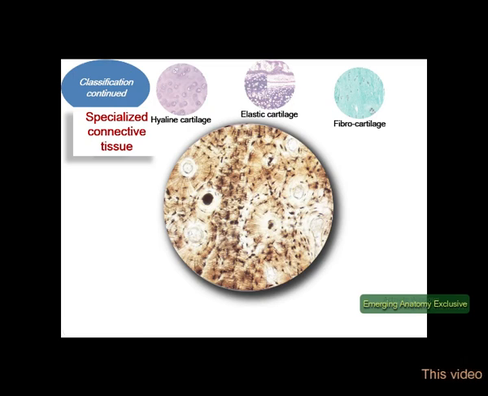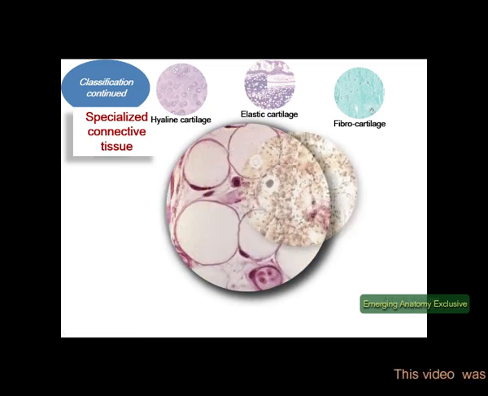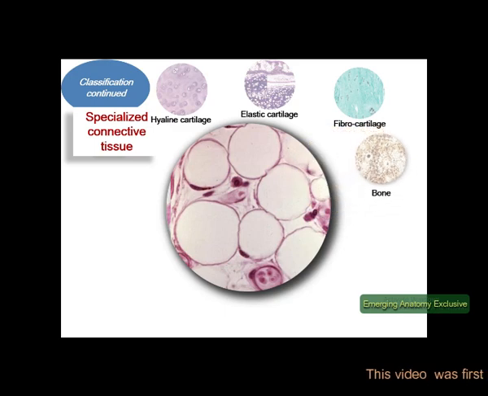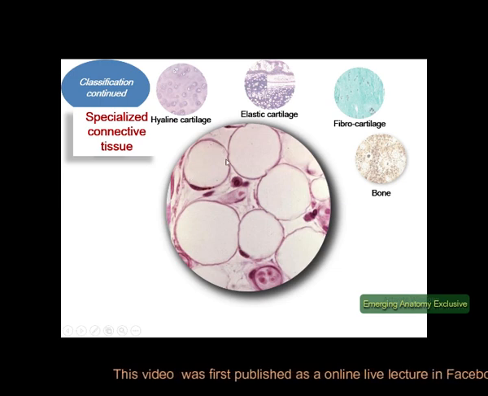Now let's know about the large white adipose cells. It exhibits a narrow rim of cytoplasm and a flattened eccentric nucleus. It is the flattened eccentrically placed nucleus, and there is a large lipid droplet within this cell which pushes the cytoplasm near the cell membrane and makes a narrow rim of cytoplasm.